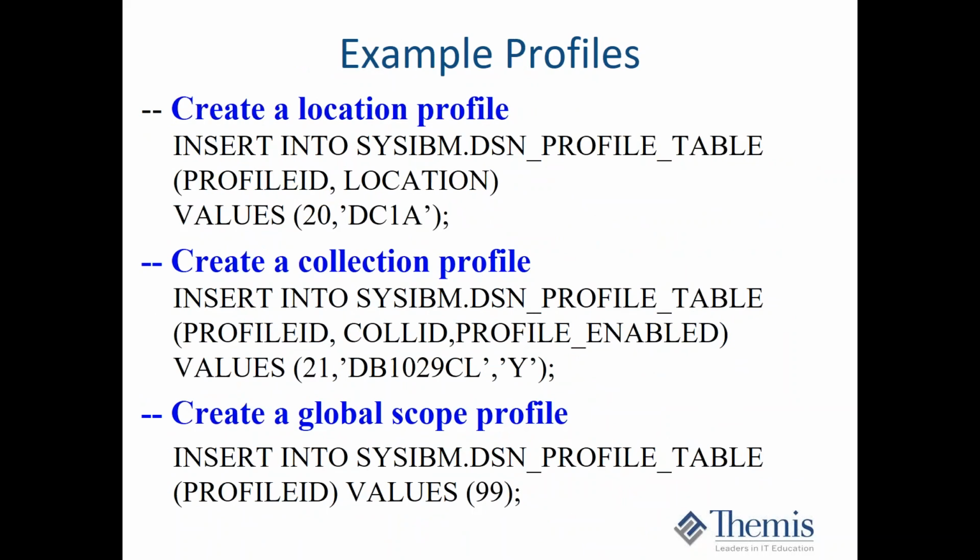So I'm going to set up three different profiles. The first one is based on location. Any distributed thread connecting to location DC1A, profile ID number 20, is a location profile.